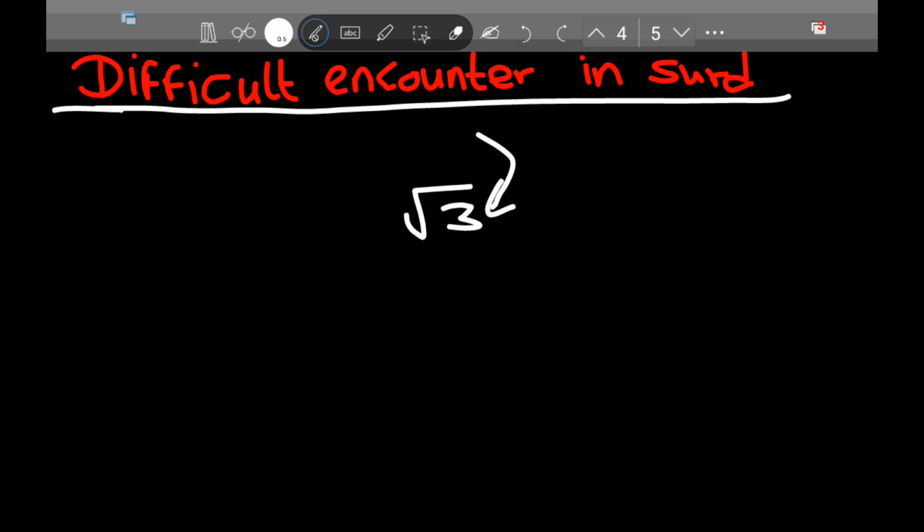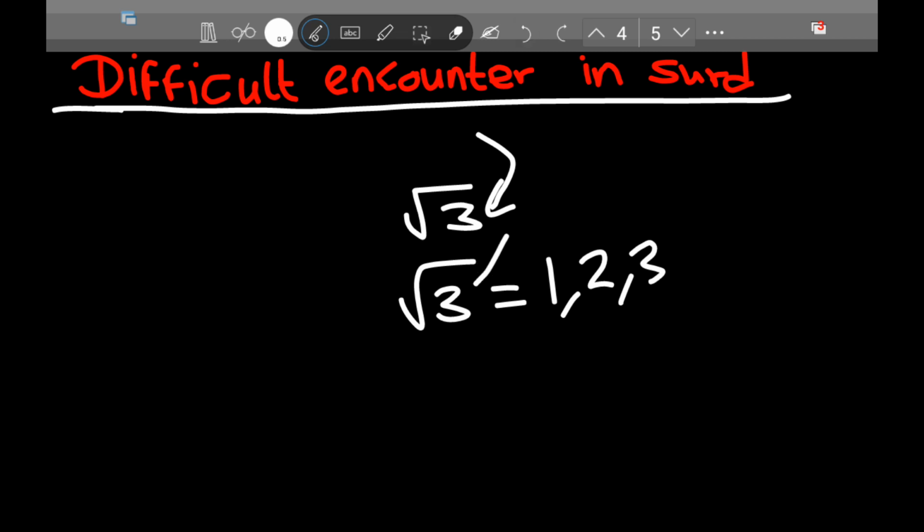For example, this square root of 3 is SOLD, because if you have already watched the videos where I talk about this stuff, this square root of 3 cannot be written as 1, 2, or 3, because this 3 here is not a perfect square. So you need to keep this in mind.